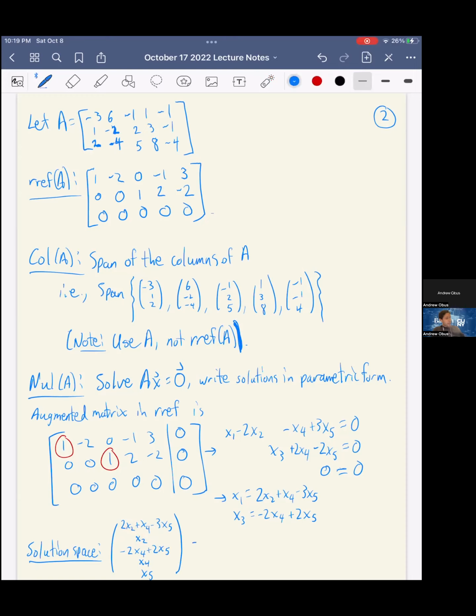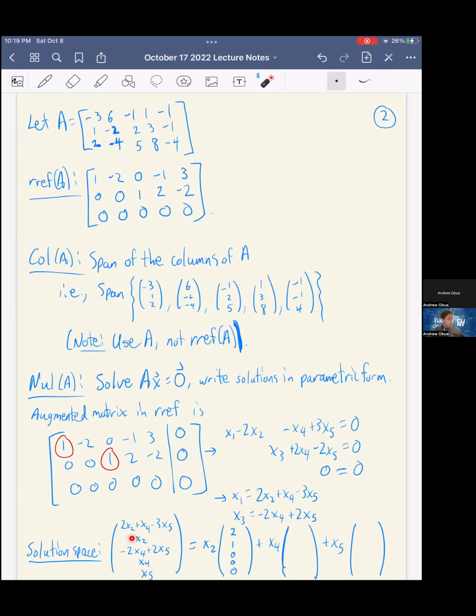And another way to see this, if we write this in parametric form, is that we can write it as x2 times something plus x4 times something plus x5 times something. How do we figure out the entries? We just look for the coefficient of x2 in all of these vectors. So it's going to be x2 times 2, 1, 0, 0, 0, right? Those are the coefficients of x2 here.